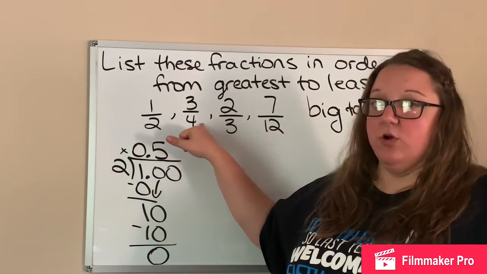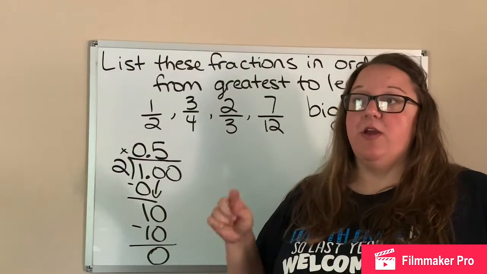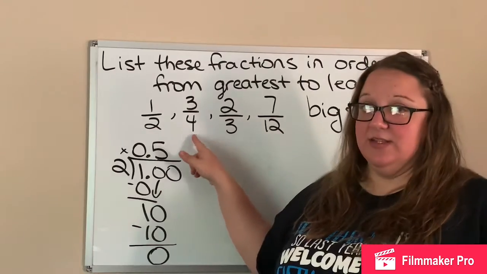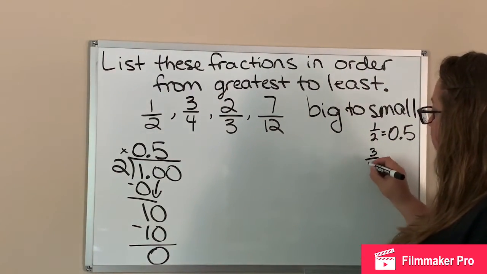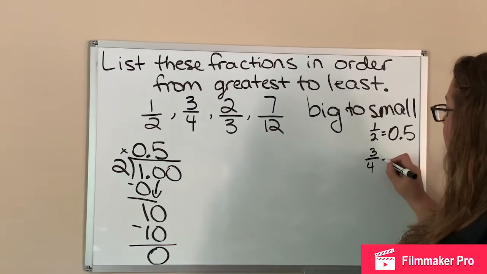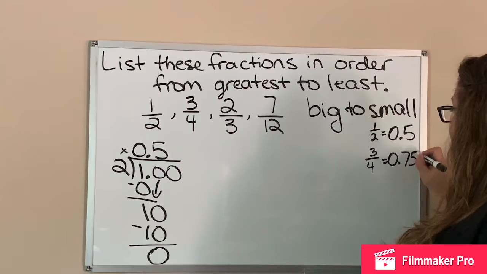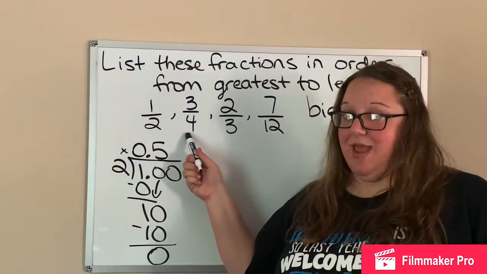If I go to lunch and I give them 3 quarters, they're going to type into my lunch account that I have 75 cents. So what that means is 3/4 equals 0.75. 3 out of 4 quarters equals 75 cents. So for this one, I don't even have to do any math.